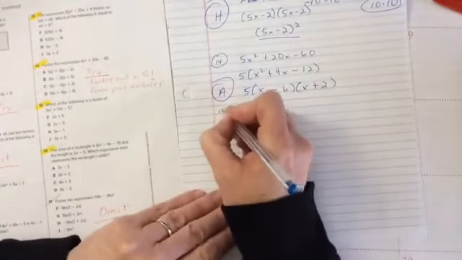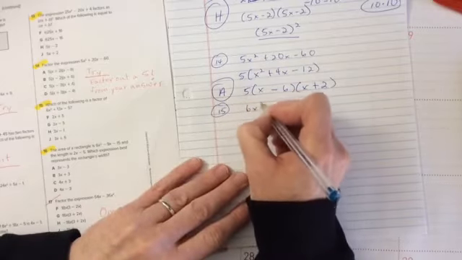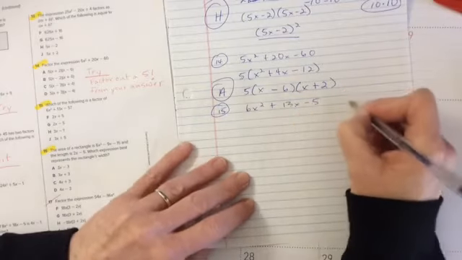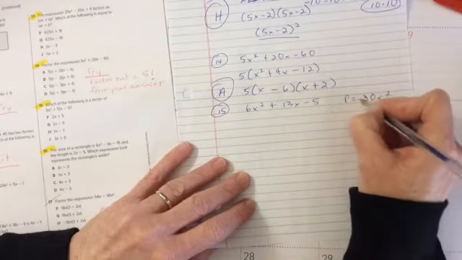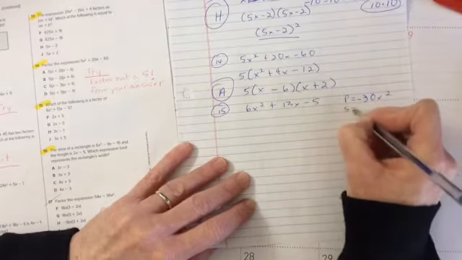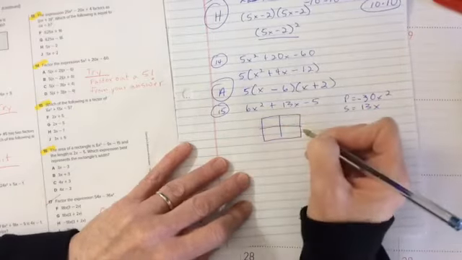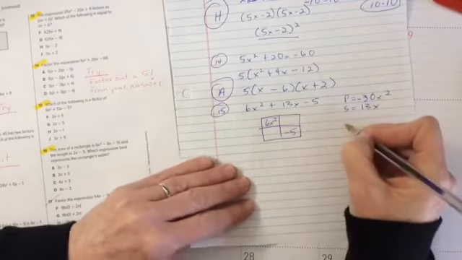Number 15. Which of the following is a factor of 6x squared plus 13x minus 5? Well, we know the product is going to be negative 30x squared. The sum is 13x. Here's our box, and we have 6x squared and negative 5.